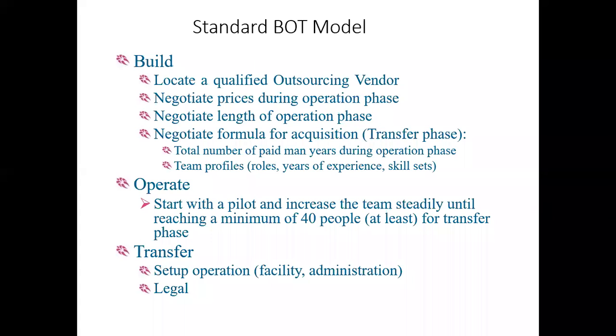So if you just consider 4 booths may be there, on each booth, suppose 10 people are required for 1 shift, for 3 shifts 30, then 40 minus 30, 10 more are required.